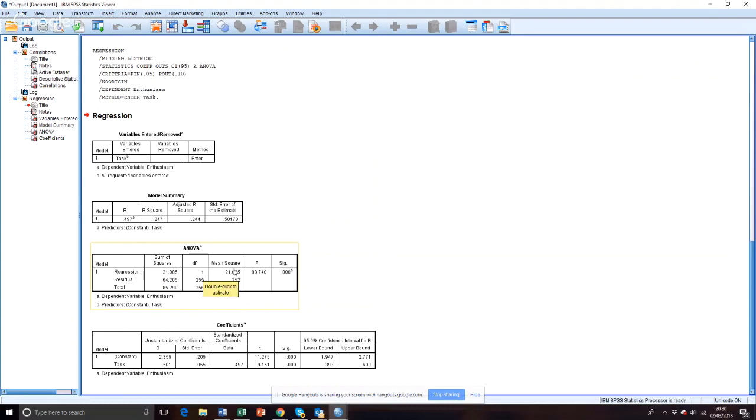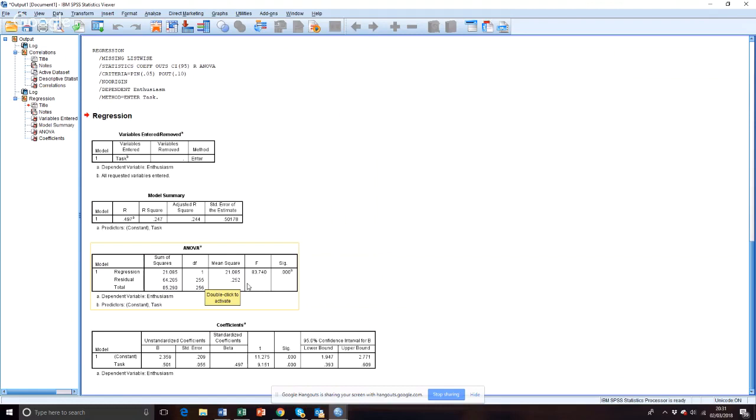So we have essentially what we call a mean square, which is exactly the same as the sum of squares in this case, because degrees of freedom is only 1. And then we have a residual degrees of freedom, which is essentially our sample size minus the number of predictors minus 1, which equals 255. Again, we take 64 divided by 255, and we get a mean square for the residual.